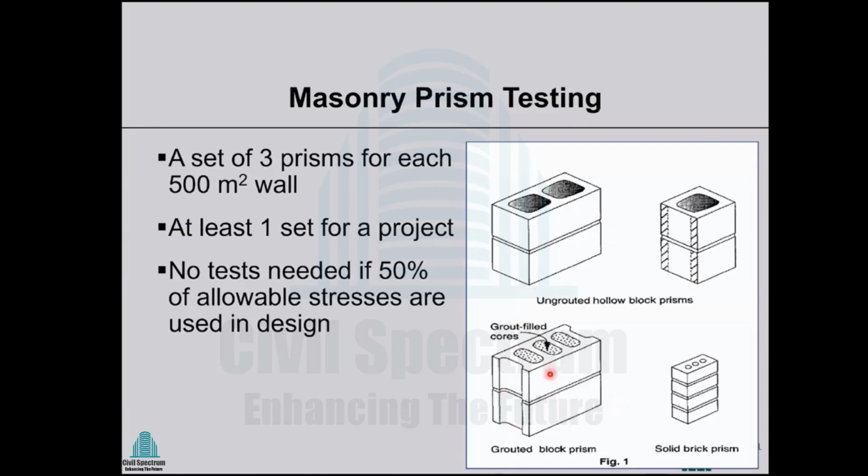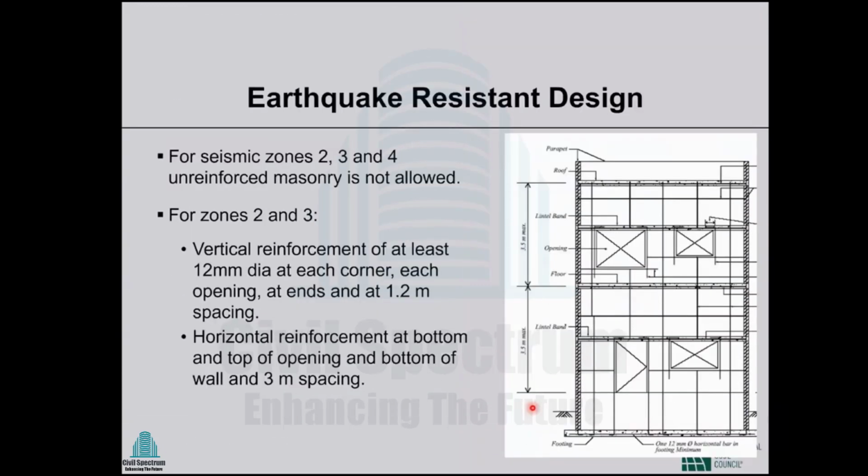Multiple bricks are arranged with mortar joints in this type of column. They are called masonry units with 3 or 5 brick units, and then we do compressive testing. This is called prism testing. From that we can calculate fm prime and do the design.